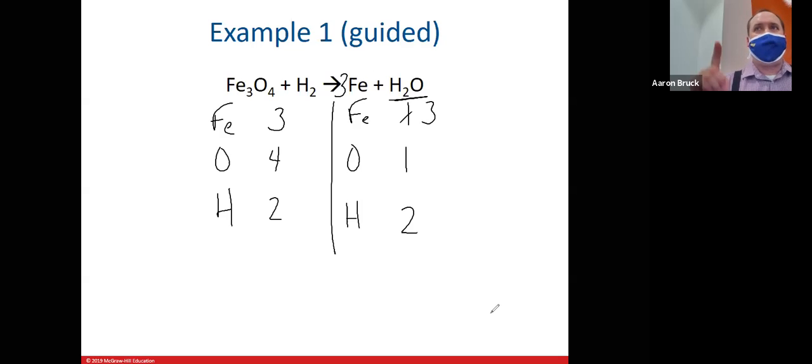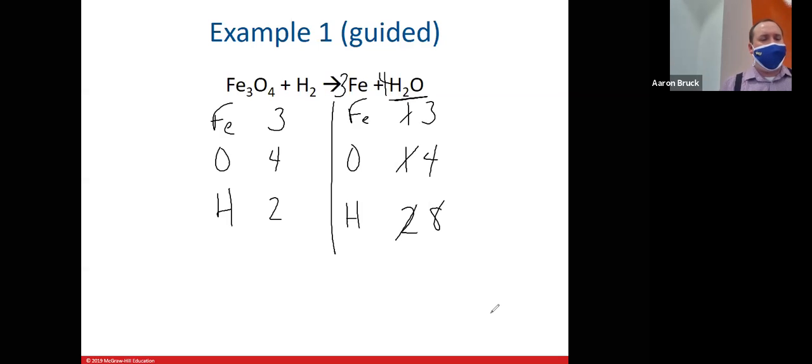Each water molecule has 1 oxygen atom in it. 4 water molecules would give me 4 times 1, 4 oxygen atoms in total. Now, fixing this has left me with another hole. I didn't just change the amount of oxygen, I also changed the amount of hydrogen. 4 water molecules would have 4 times 2, 8 hydrogen atoms in total.